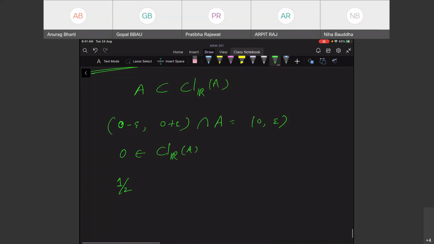Similarly, if you take half, then a neighborhood containing half, when you intersect with A, gives (1/2 minus epsilon, 1/2], which is again non-empty.